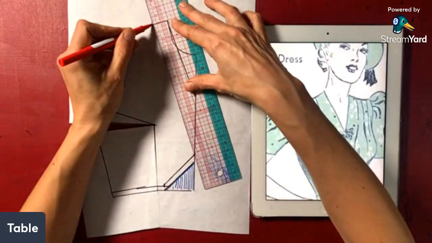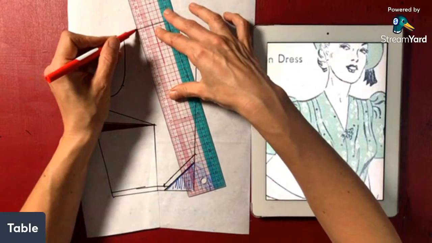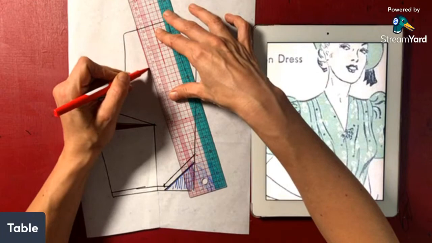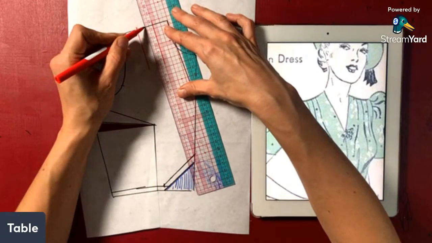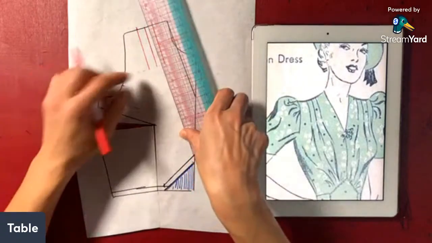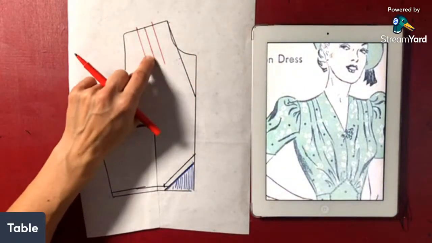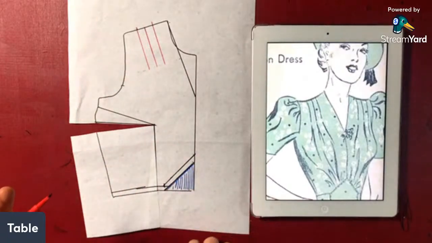But of course, you might say, I'm not a fan of 1940s style, but I like this tuck detail. So I'm going to do it, but I'm only going to do 1, and I'm going to bring it lower down. But this is going to be our pleats or tucks.